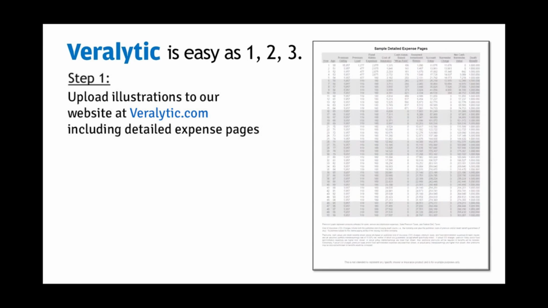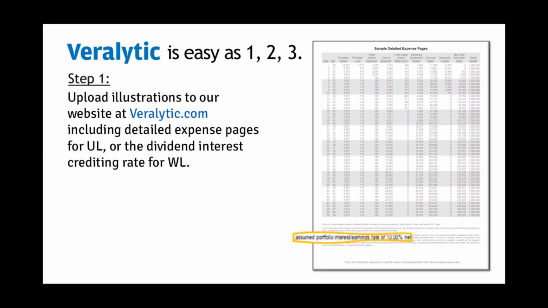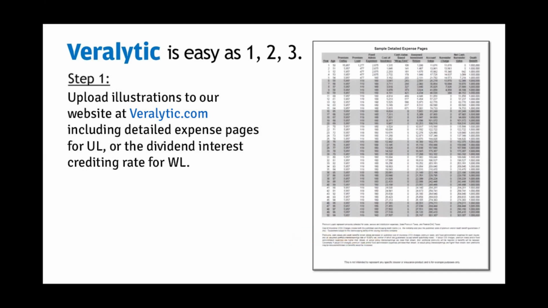These are the pages showing year-by-year premium loads, fixed administration expenses, cost of insurance charges, and cash value-based wrap fees, if applicable, and the interest or earnings that the insurer must credit to live up to illustrated expectations. Or, for whole life policies, insist that the illustrations include the dividend interest crediting rate used to calculate expected premiums, cash values, and death benefits.